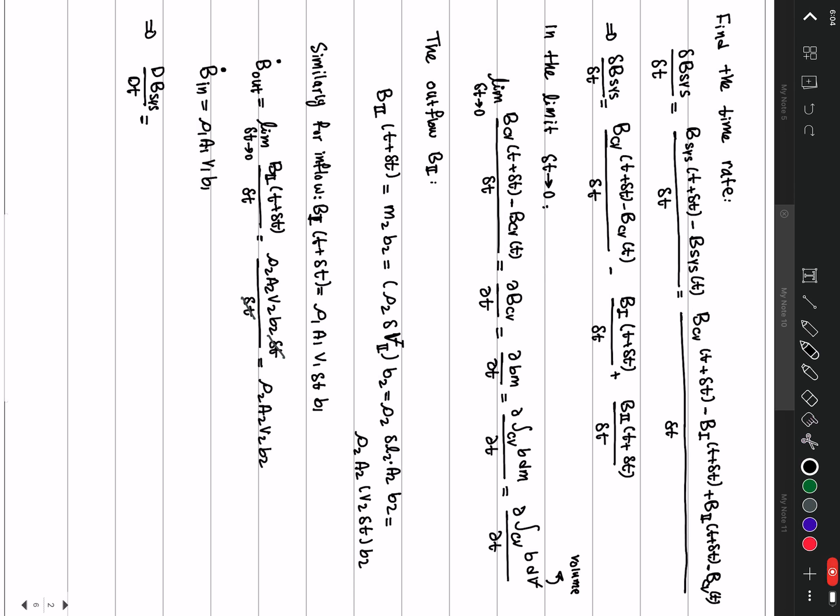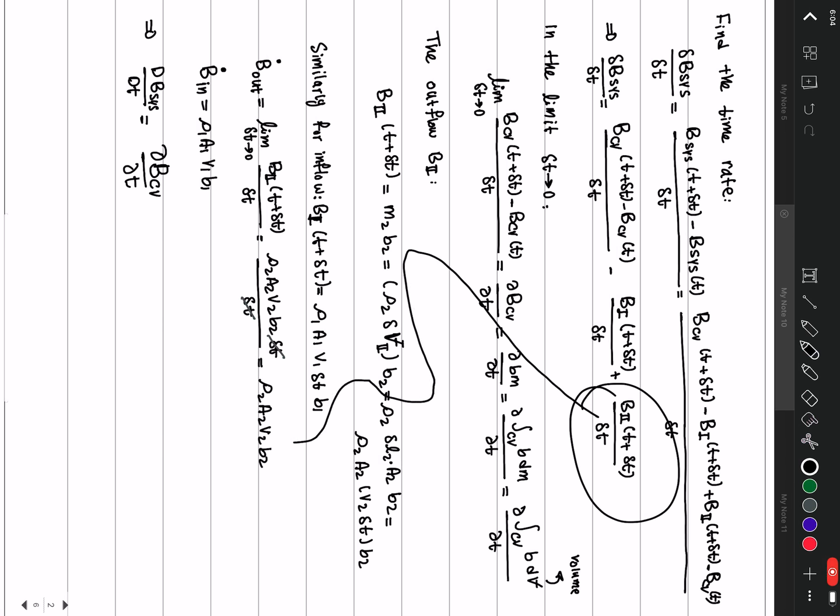So the total derivative of B system with respect to time equals to the partial derivative of B system, or BCV, the control volume, with respect to time plus this term, which I've put here, right?